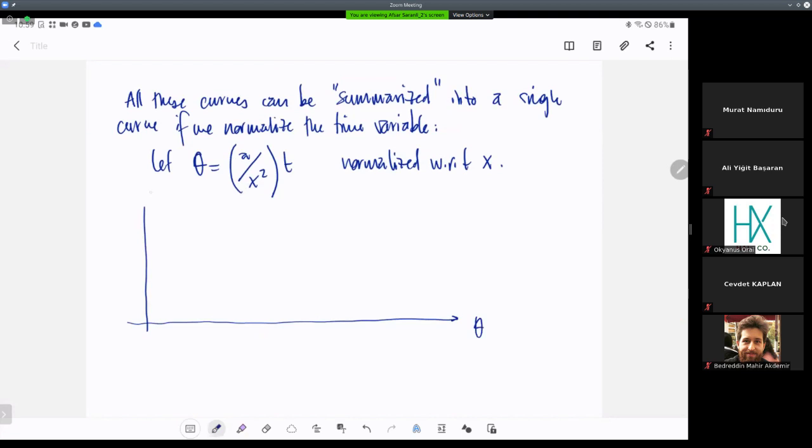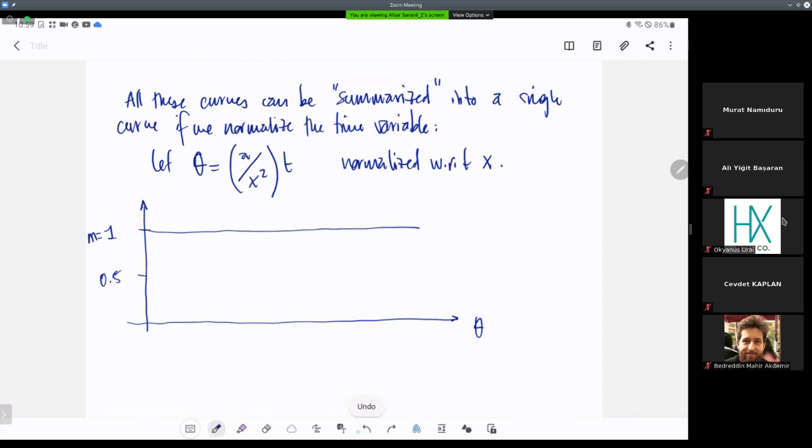So with respect to theta, I have 1 over here, m is equal to 1, 0.5. So you get a strange function like this, basically.